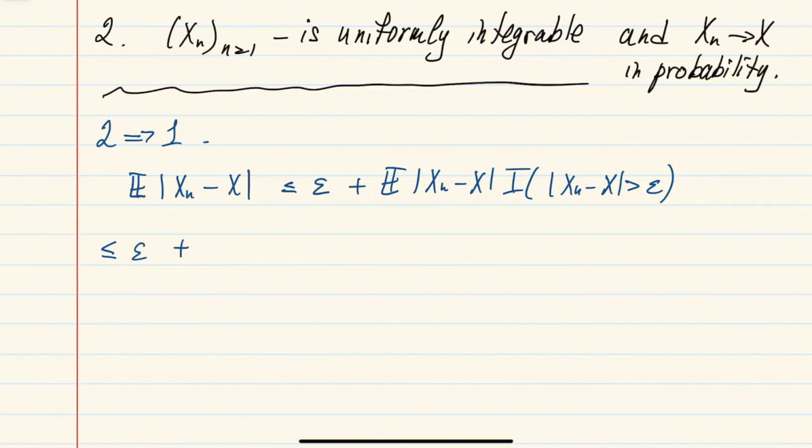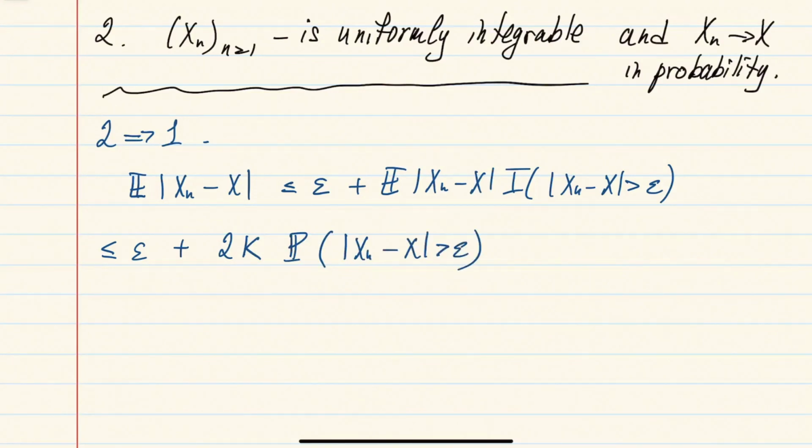So it's also in a way very similar to what we just did a second ago. On the set where both of them are bounded by k, the difference is bounded by 2k. So we will be left just with this average of the indicator. So this will give us the probability that xn minus x is greater than epsilon.